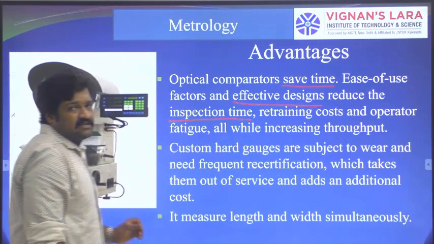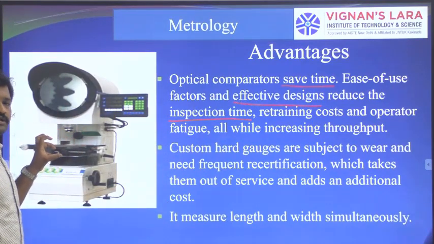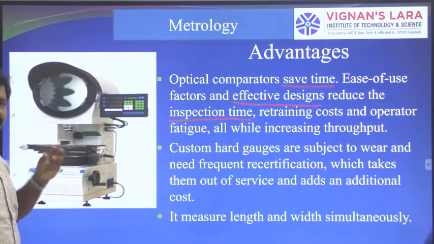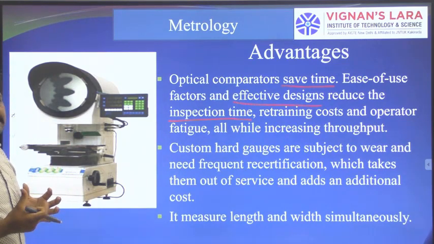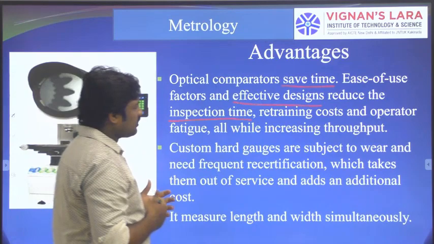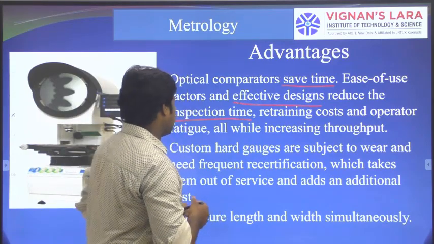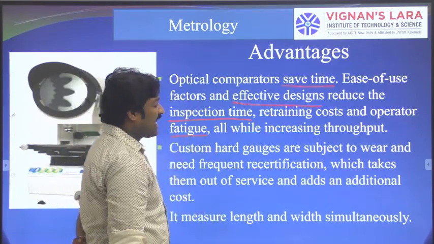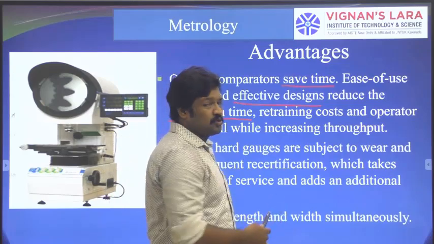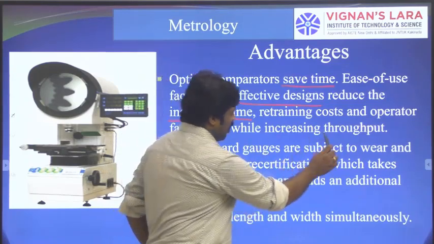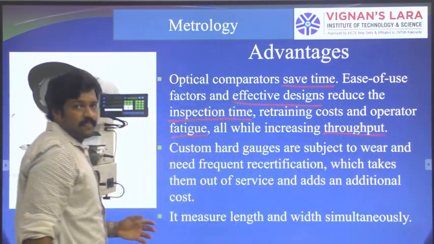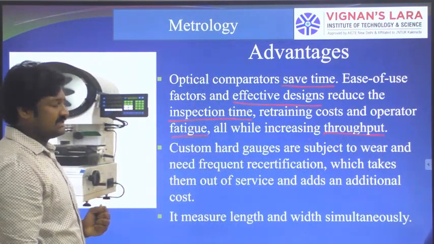If the design is correct, it is very easy to reduce the time. You can easily identify the deflection, that means the deviation, and we can easily inspect within less time. Retraining cost and operator fatigue are reduced, which increases throughput. Due to the reduction of time, the output, the production rate, can be increased.